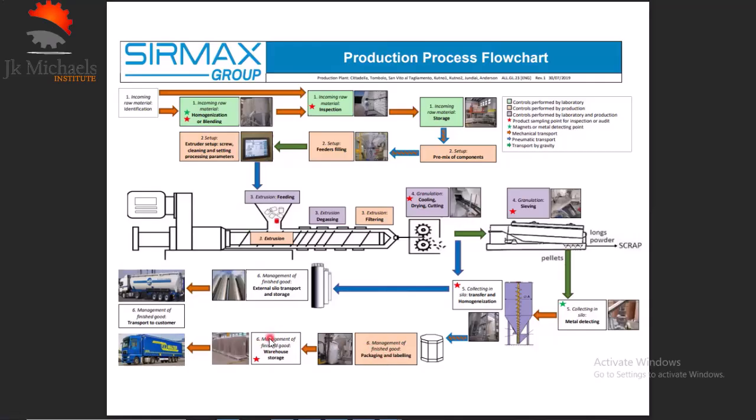Management of finished goods will move to warehouse storage, right? And then, of course, management of finished goods, we transport to the customer. Again, from this one, we have what? External silo and storage, right? All goes up to transport to the customer.